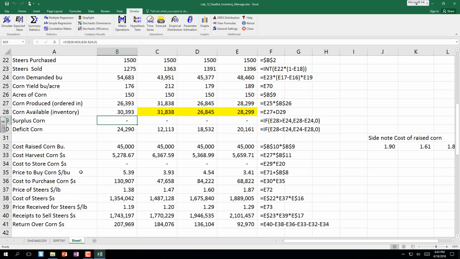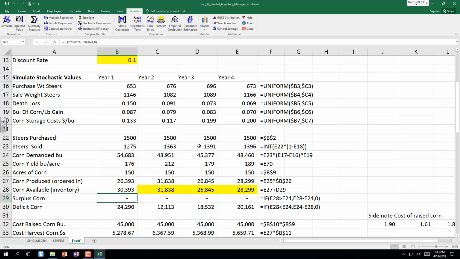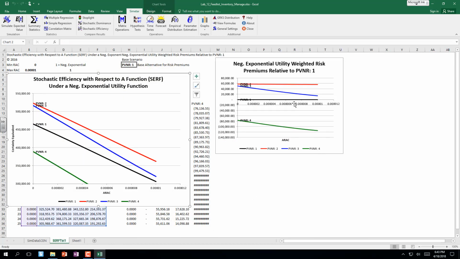So this is a problem I put together. I hope it shows you something about inventory. And the real inventory is in this part here, where you have surplus and deficits, and in how much you order here. You can order too much, you can order too little. And the risk premiums will tell you which one is bad.